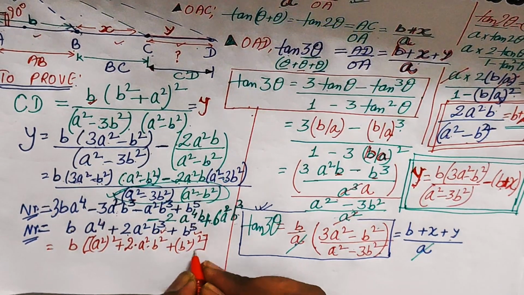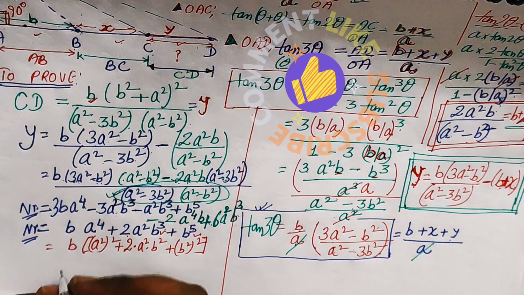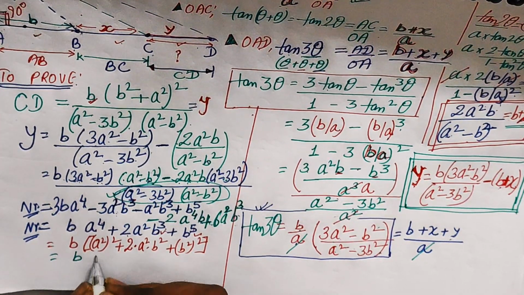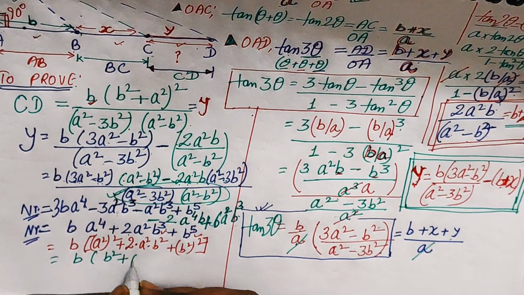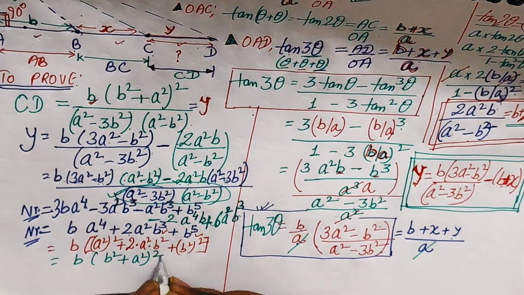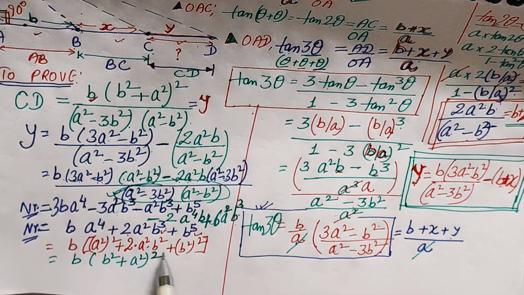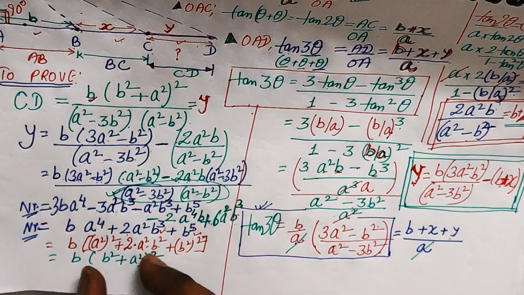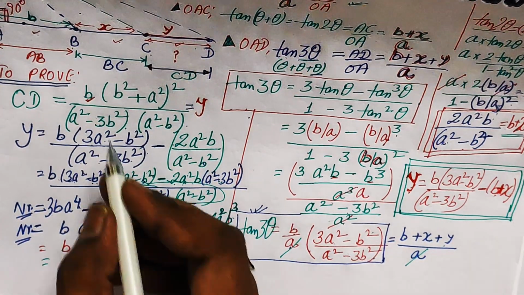So this numerator will be looking like this, and this will give you b times b square plus a square whole square, because this is in the formula x square plus y square plus 2xy. So this is the same numerator which was required, right? So this divided by your denominator.